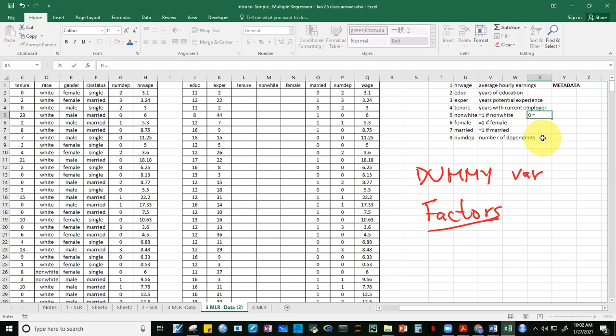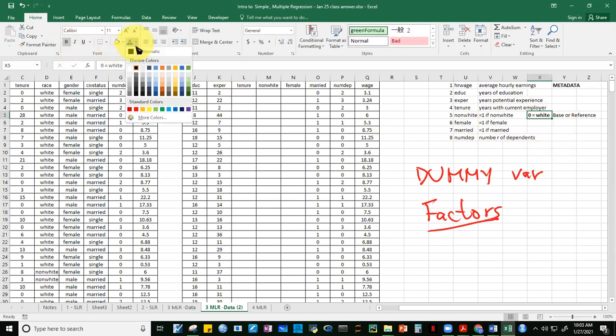Si white. Okay? Ang tawag kay white, guys, this is your base or reference variable. Kung sino ginawa nating 0, siya yung base or reference variable.